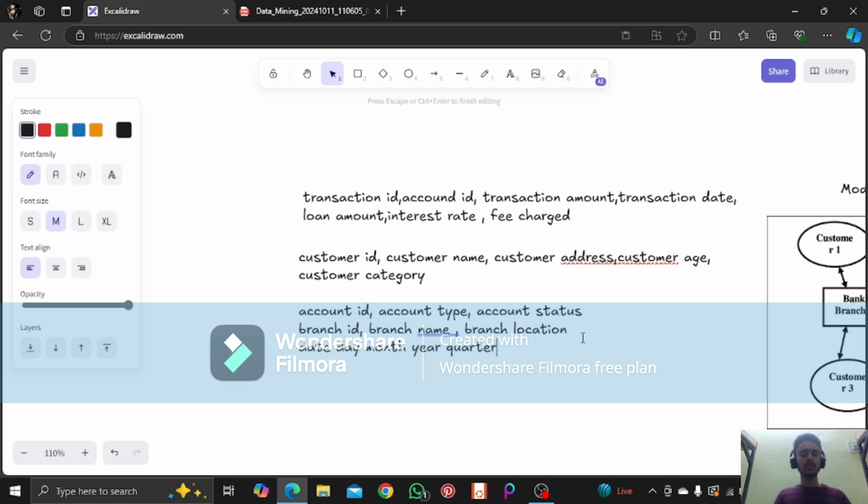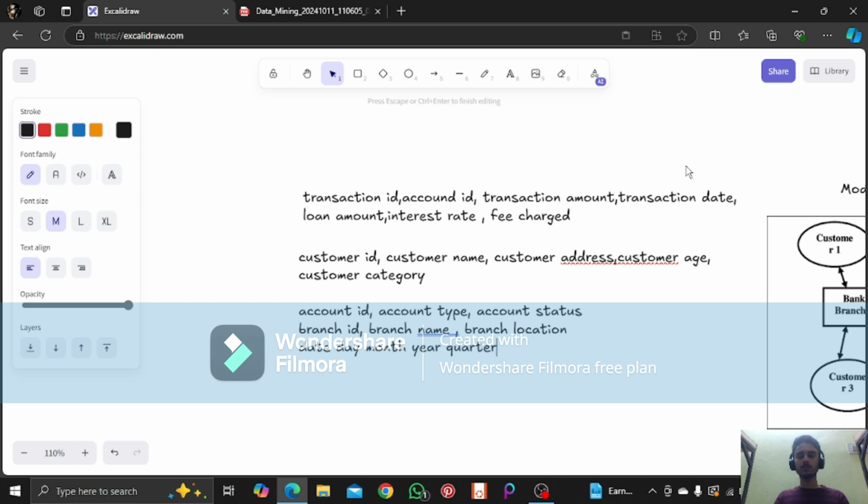It describes the nature of the transaction, for example deposit, withdrawal, transfer, loan payment, etc. It has a transaction type ID and a transaction type description. The loan dimension shows details about loans in the system, such as loan type, loan amount, and interest rate. It also includes loan ID, loan type, loan amount, interest, etc.